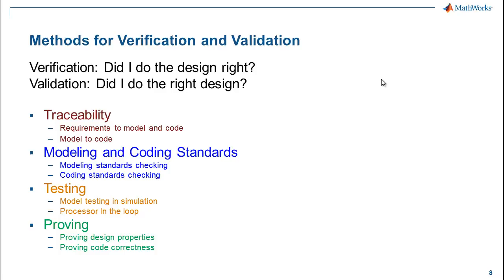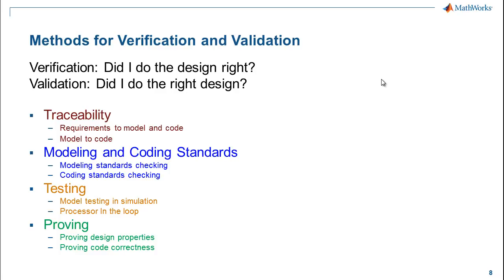All right. The last thing that I'm going to talk a little bit about is proving. Proving is really the application of formal methods. The best way to describe this is if you think about executing a test case, right? If I have a test case based on a requirement, it has inputs and expected outputs.